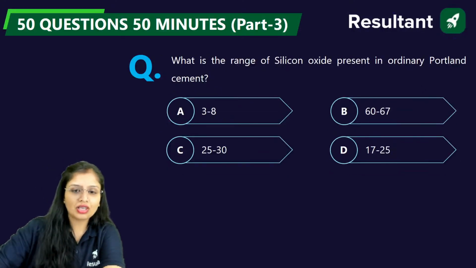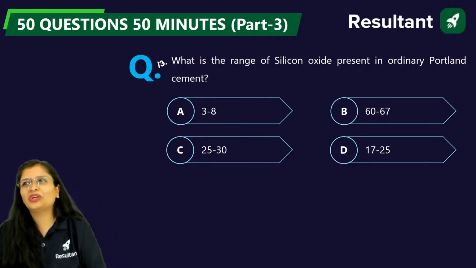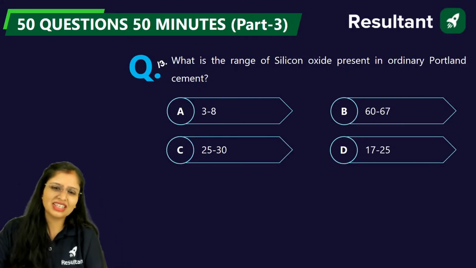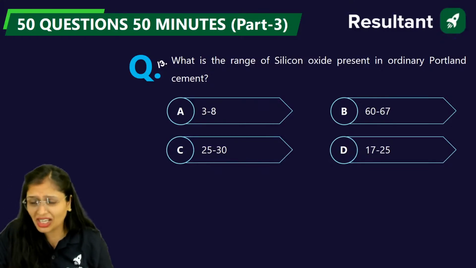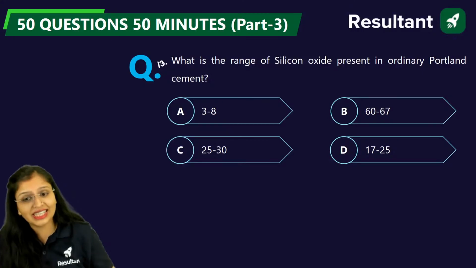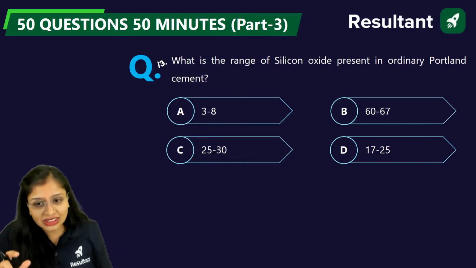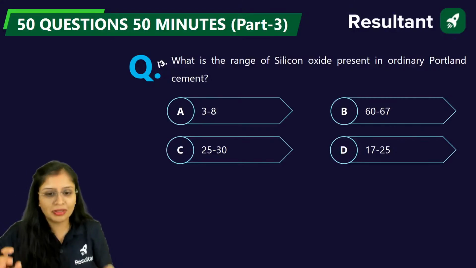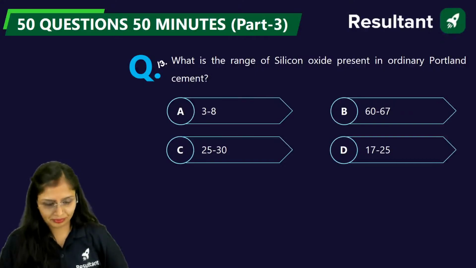Okay. Question number 13. Now guys, the questions related to magnesia, silica oxide or lime, this proportion you should know, even if you're preparing for RRB JE or any state AE. The range of silica oxide which is present in ordinary Portland cement, how much it should be there?